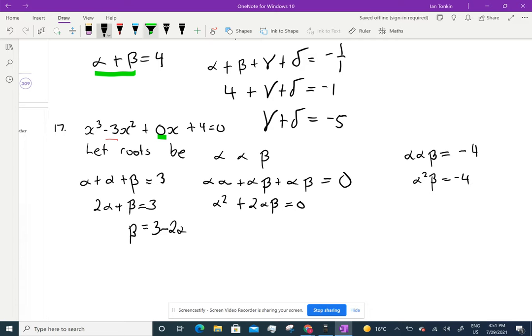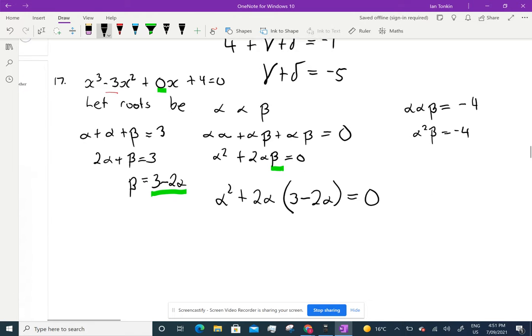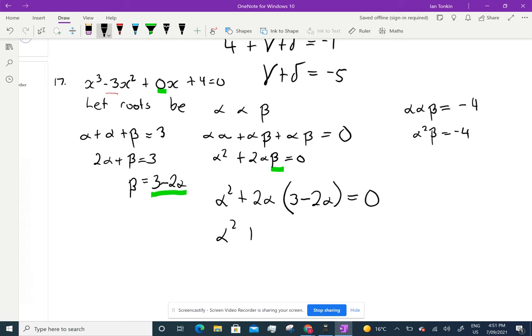And now I'm going to substitute that in there. I'm going to get alpha squared plus 2 alpha times (3 minus 2 alpha), and that equals 0. Well, alpha squared plus 2 alpha times 3, that's 6 alpha, 2 times 2 is 4, minus 4 alpha squared equals 0.